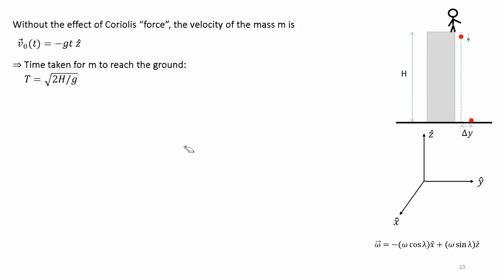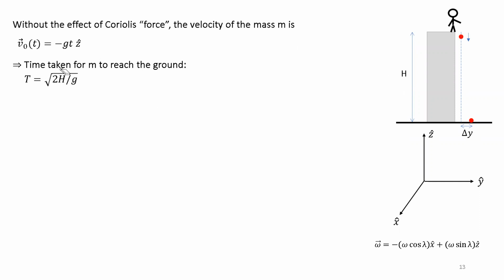So the procedure is the following. Okay, so the effect of the Coriolis force without the second term, this is the solution. Just V equals U minus GT, right? So U, the initial velocity, is 0, so just minus GT Z hat.